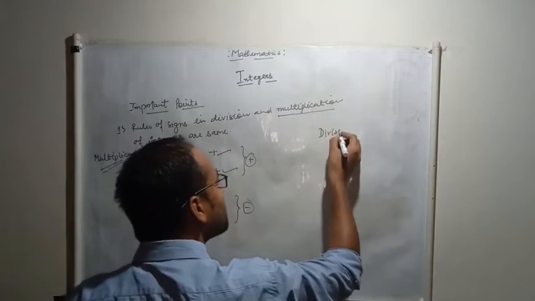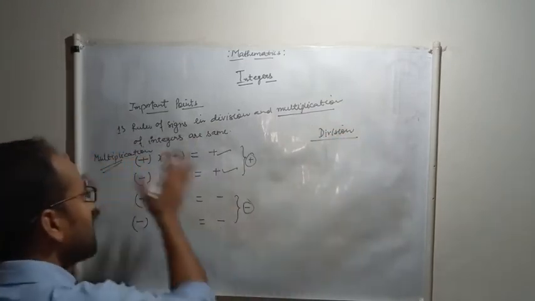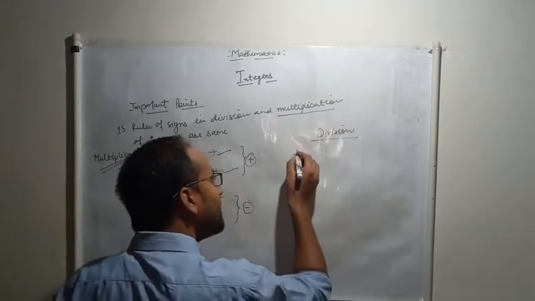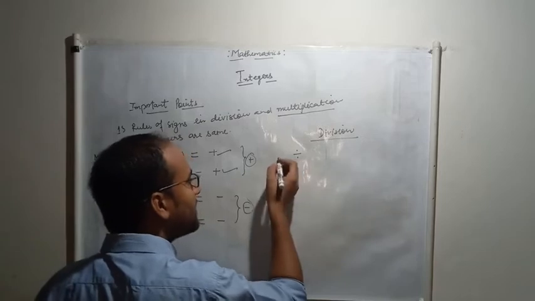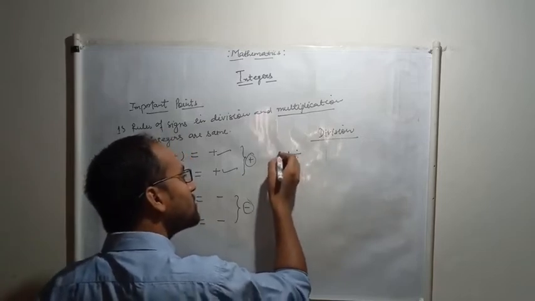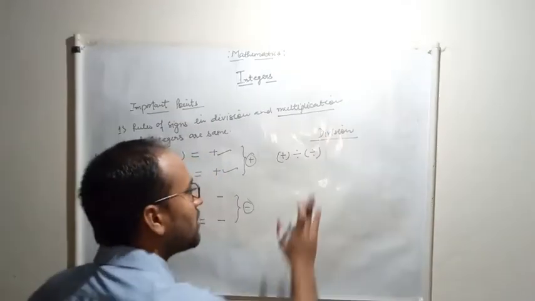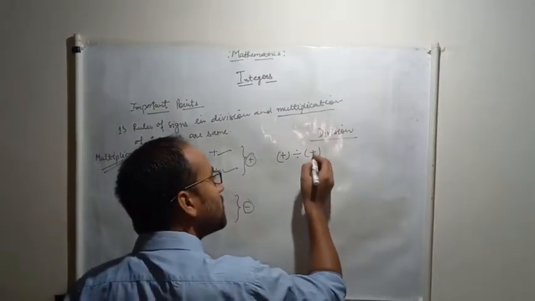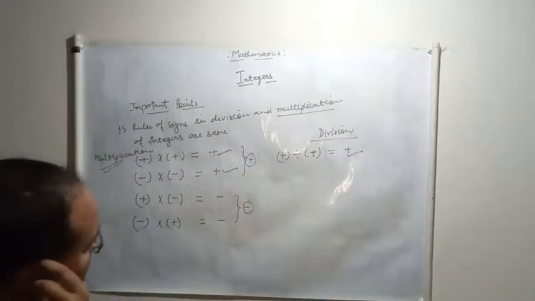Next one is the rules of signs for division. Same cases. If you divide two positive integers, the quotient should be positive.